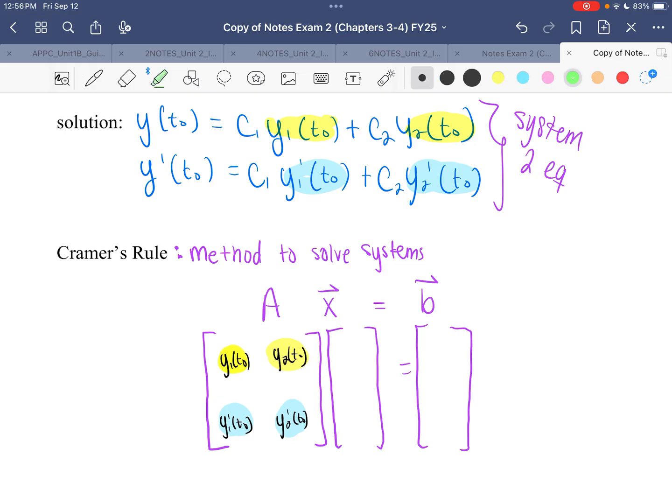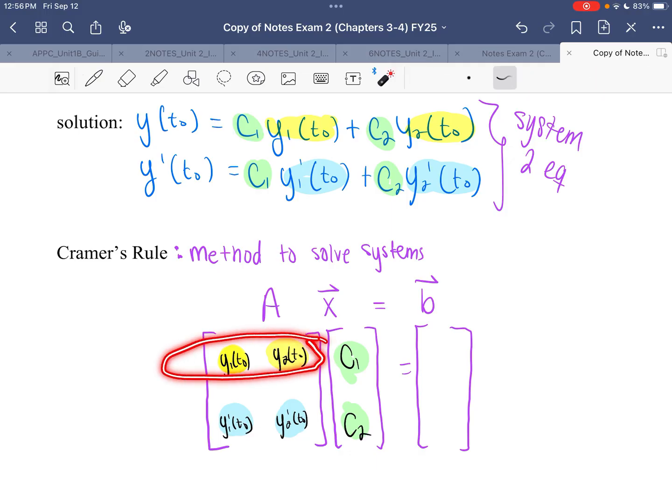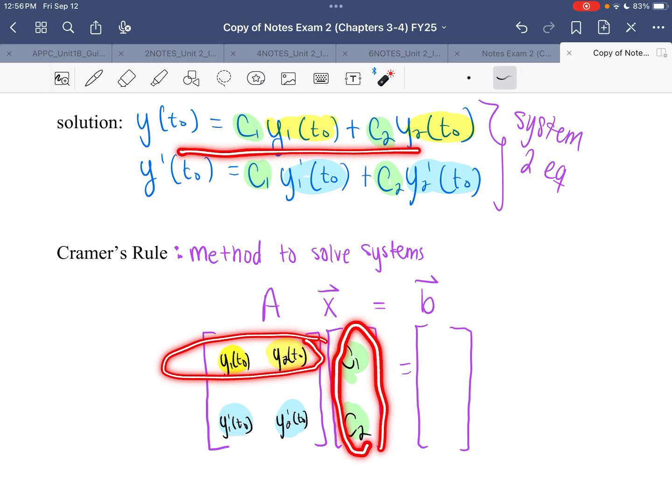So we're trying to solve for C1 and C2. If we did matrix multiplication, we'd be multiplying the row times the column. And so when we multiply the row times the column, we get back to originally what we started with.